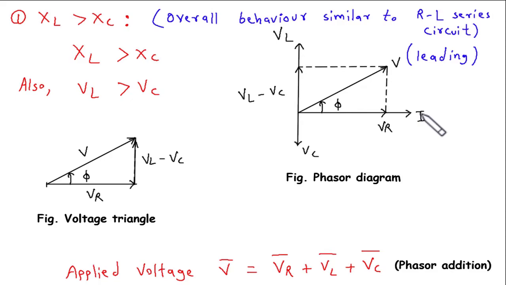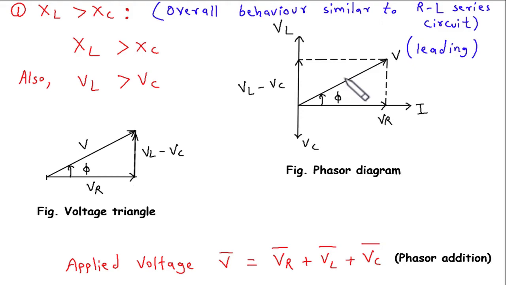Here we can see this is I, current as a reference. Now VR is the voltage drop across resistor R, so this will be in phase. And VL is greater and VC is smaller, so this will be VL minus VC. Now its resultant will be leading. So this applied voltage V is leading the current I by angle phi.